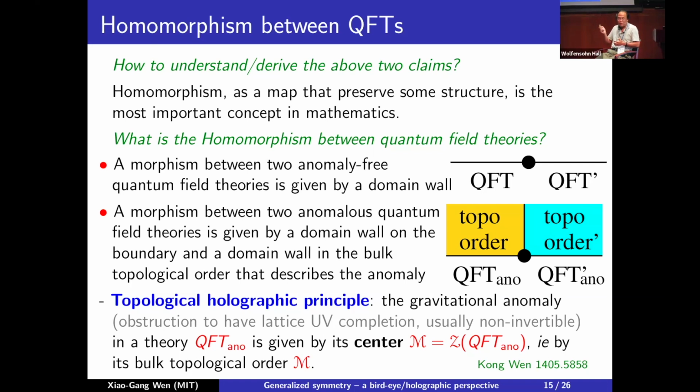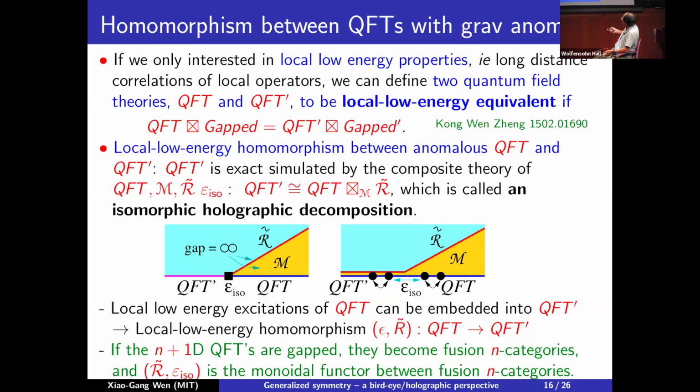But we want to follow a similar idea to define a refined notion of morphism, something more refined. This more refined notion is really this picture, but to explain this picture we have some physical motivation, called low energy equivalence.